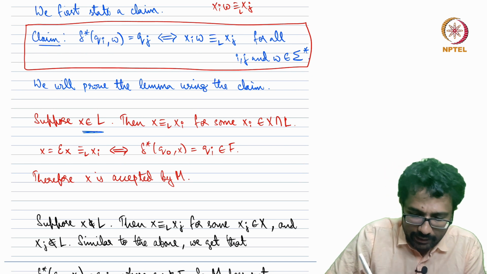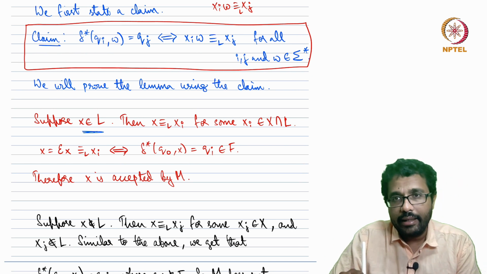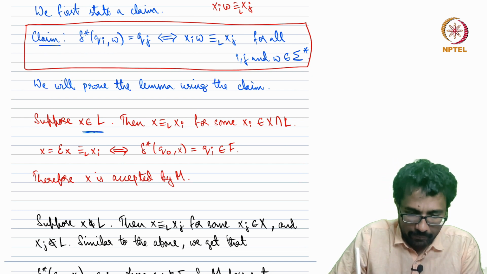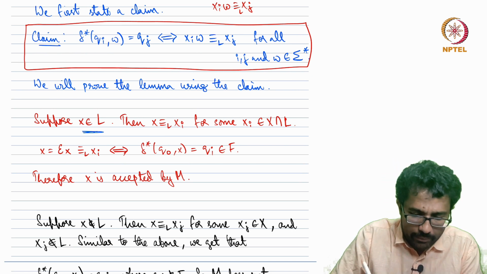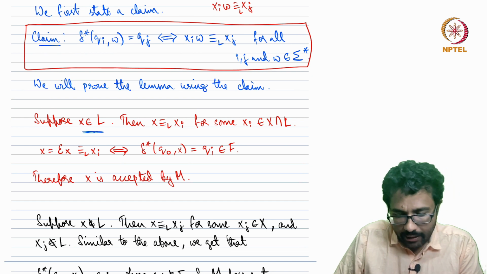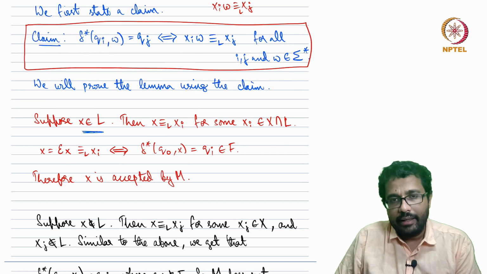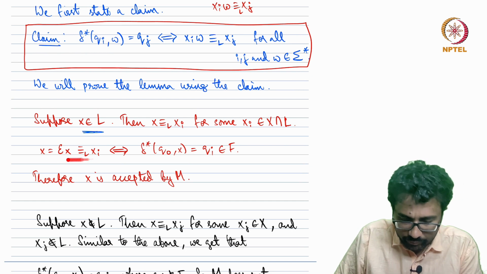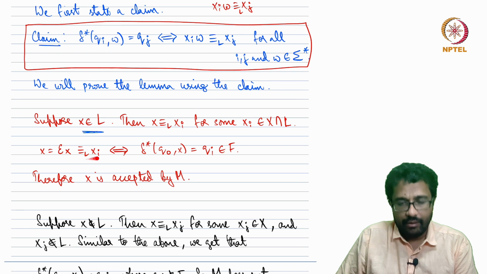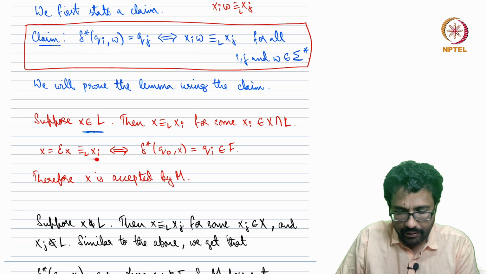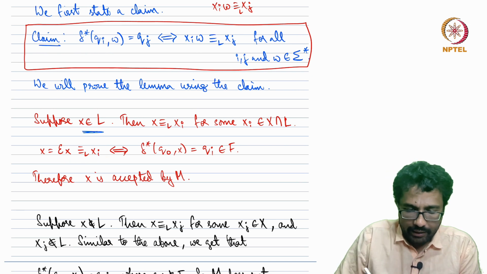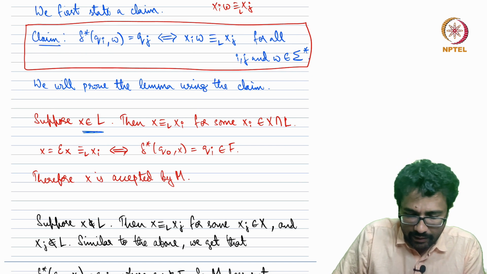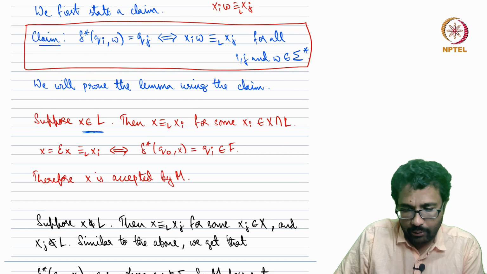So x is equivalent to some xi that is both in X as well as in the language. Now x can be viewed as the empty string followed by x, and this is equivalent to xi. So by the claim we just stated, delta star of q0, x is equivalent to xi.